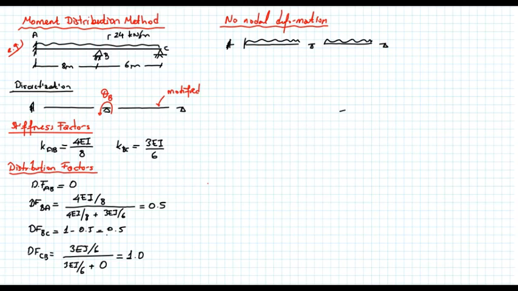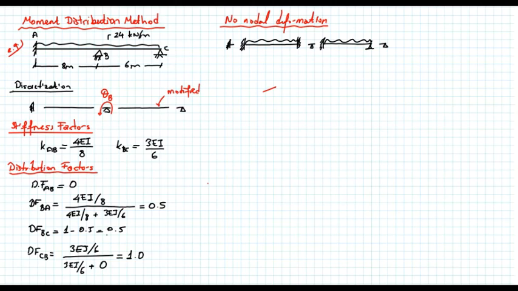Now I'm showing fixed support here just to remind me that I don't have any deformations at the member ends. In this member, I just showed the fixed support here because the far end is free to rotate. We decided to use the modified equations. So that's the picture.